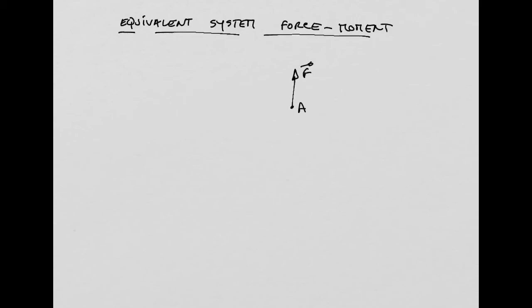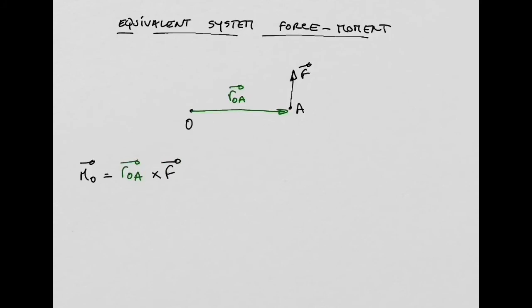Imagine you have this force applied at point A. You want to calculate the moment produced by this force about point O. We have seen last week that if we define this position vector, we can say that the moment is equal to the position vector cross product with the force F. We did even one example last week, a 2D example, where we only got a component in the z direction, since the moment is a vector. The x and y components were 0.